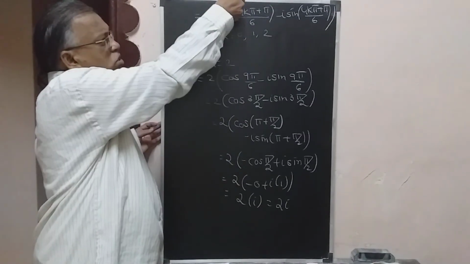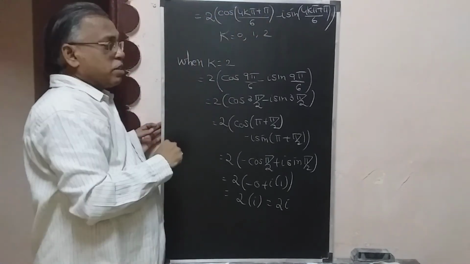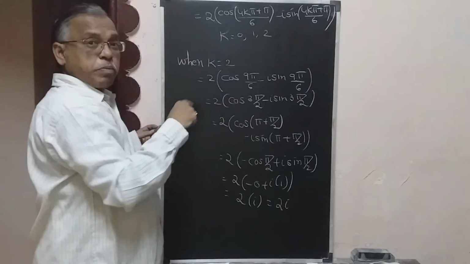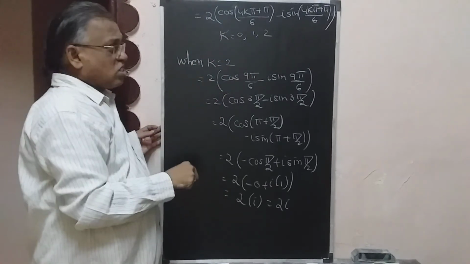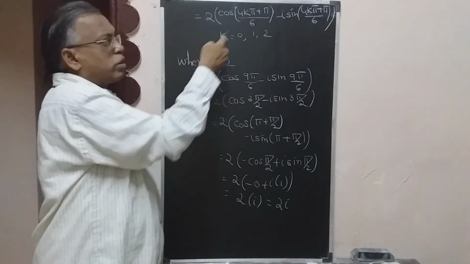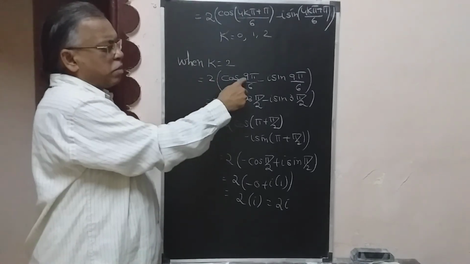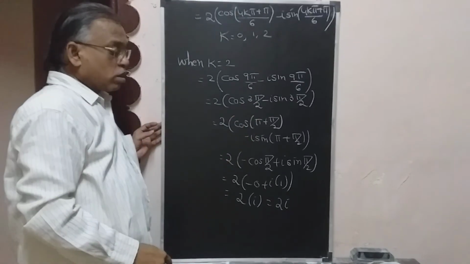0 means you substitute k value 0. Then you will get cos pi by 6 minus I sin pi by 6. K value 1, cos pi minus pi by 6 plus minus I sin pi minus pi by 6. When k is equal to 2, it becomes cos 9 pi by 6. So 9 pi by 6 means 3 table you can cancel, no? 3 pi by 2. So pi plus pi by 2, the third quadrant.